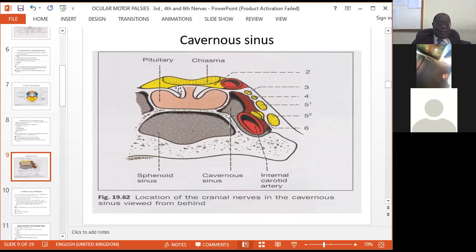What is this? Chiasma. Chiasma is the yellow one. That's the nerve. This is the pituitary, and this is the pituitary stalk coming up like that. Okay.